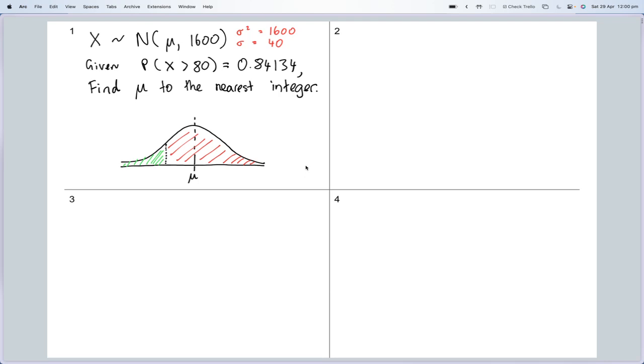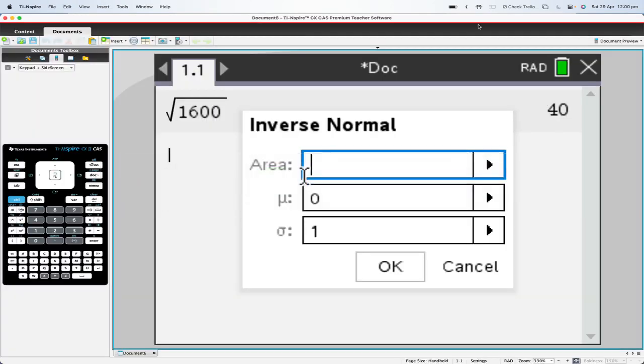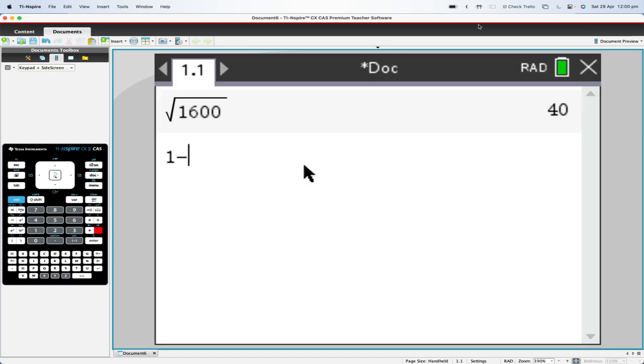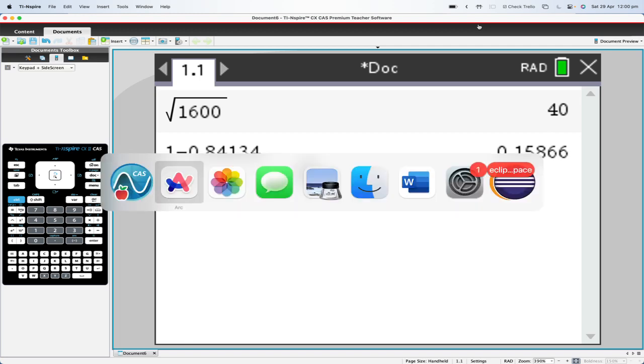To put it in more formal terms, the probability of x less than 80 is equal to 1 minus 0.84134, which is a calculator operation away. That gives us 0.15866.